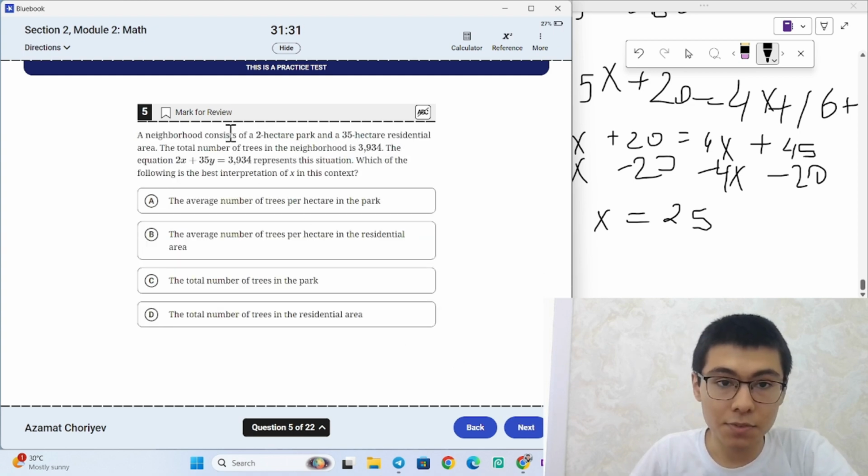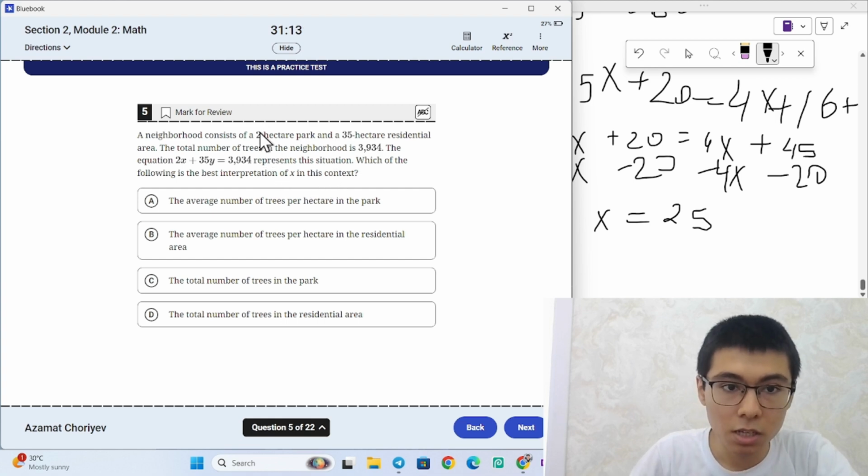A neighborhood consists of a 2-hectare park and a 35-hectare residential area. The total number of trees in the neighborhood is 3,934. The equation represents the situation. Which of the following is the best interpretation of x in this context? The 2-hectare park is this one.